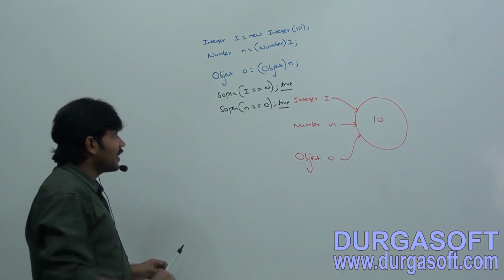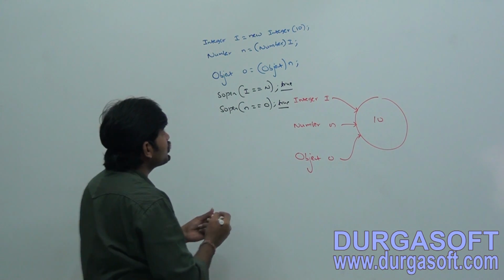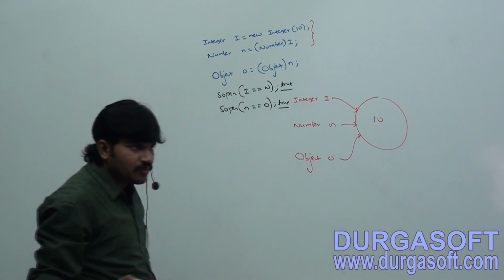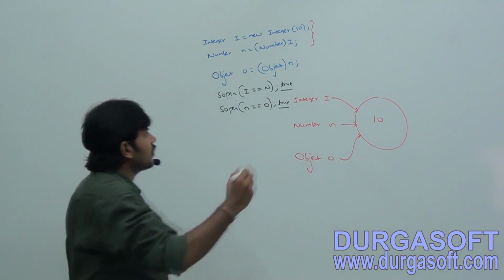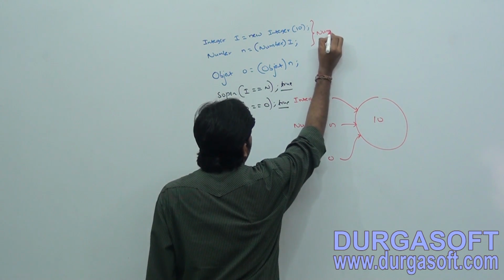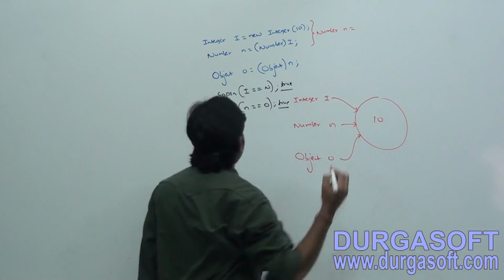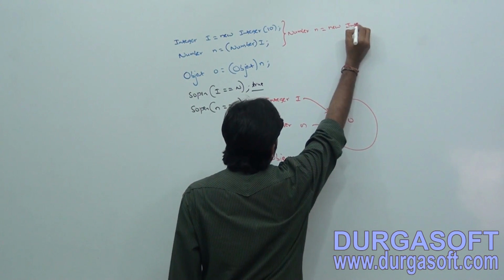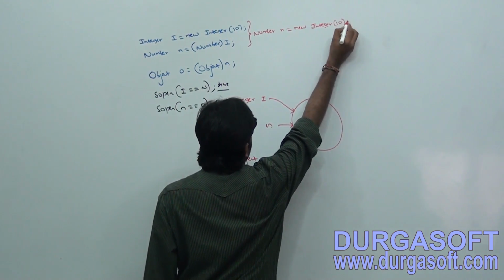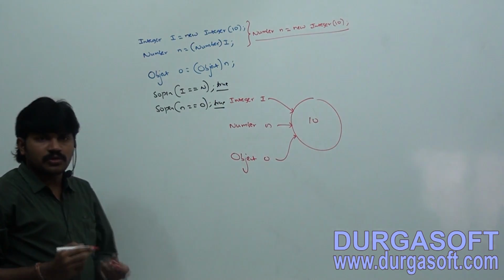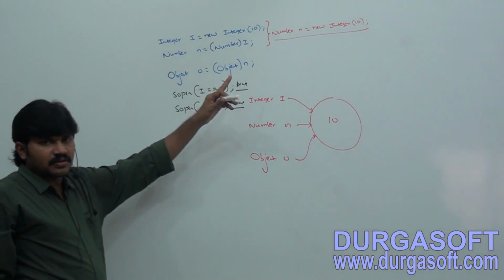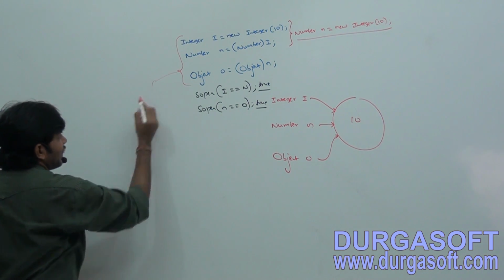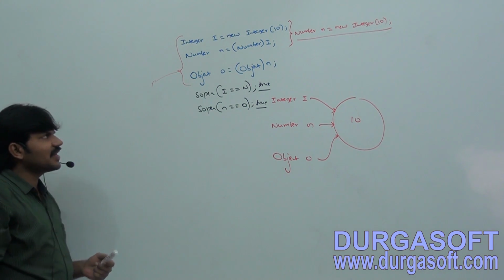Next. Sir, can I combine these 2 lines into a single line? Possible or not? Yes. Can you tell what is that line? Number n = new Integer(10); Acceptable or not? Okay, well, sir, can I combine these 3 lines into a single line?